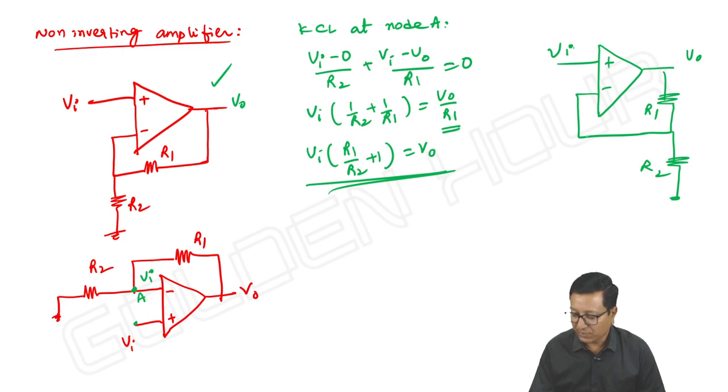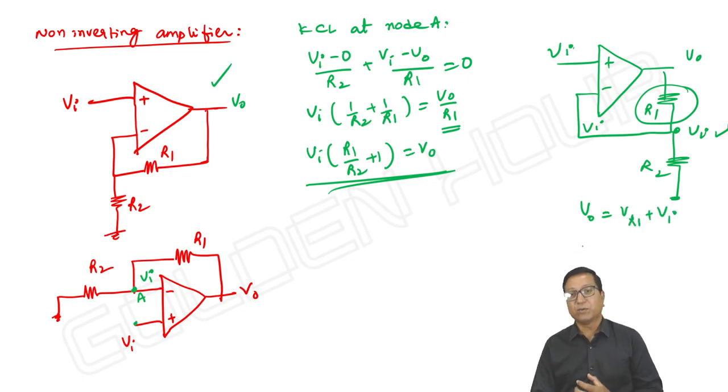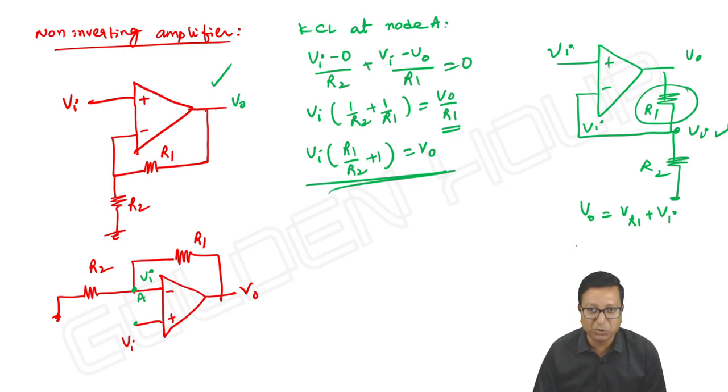Now, due to virtual short, this voltage is Vi. So, what is V output? Voltage across R1 plus Vi. V output is equal to voltage across R1 plus Vi. Earlier, voltage across R1, or voltage across the feedback path, was taken as output in inverting amplifier. But here, it is voltage across the feedback path plus Vi, as far as this circuit is concerned.